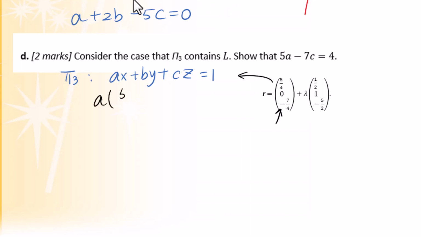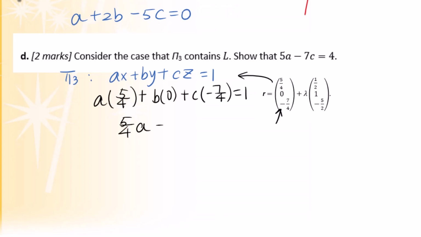A times 5 over 4 plus B times 0 plus C times -7 over 4 equals 1. Simplify. 5 over 4 A minus 7 over 4 C equals 1. Times 4 both sides. 5A minus 7C equals 4.